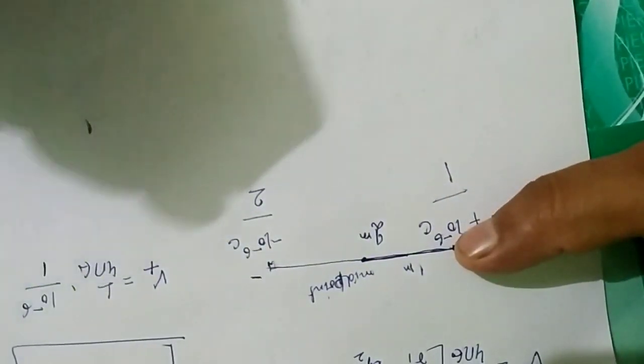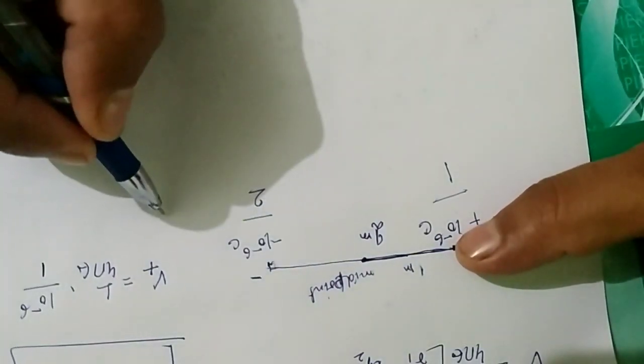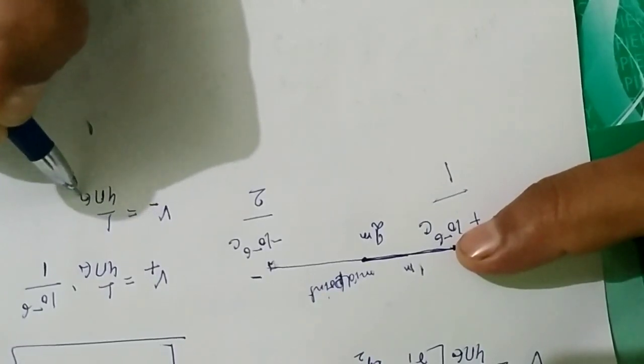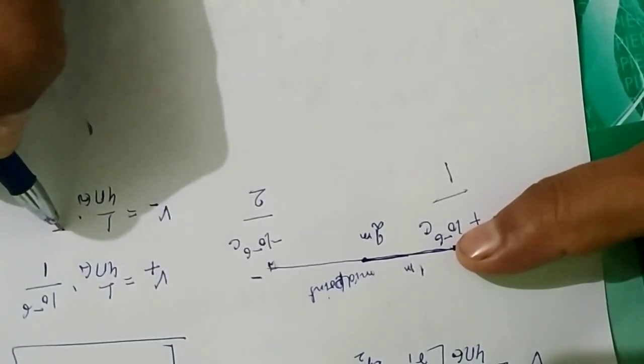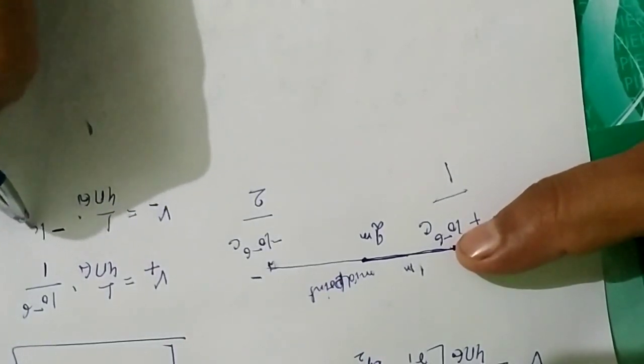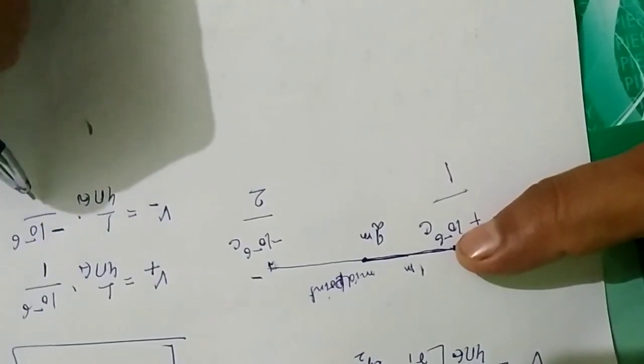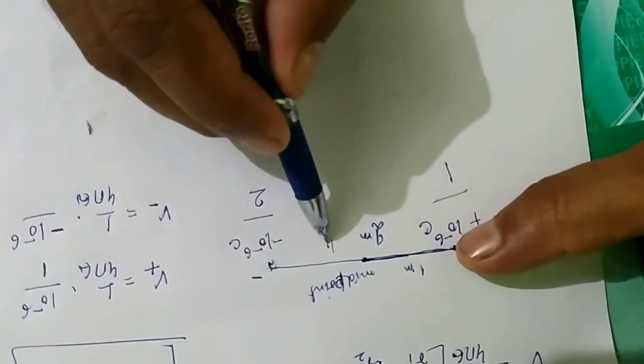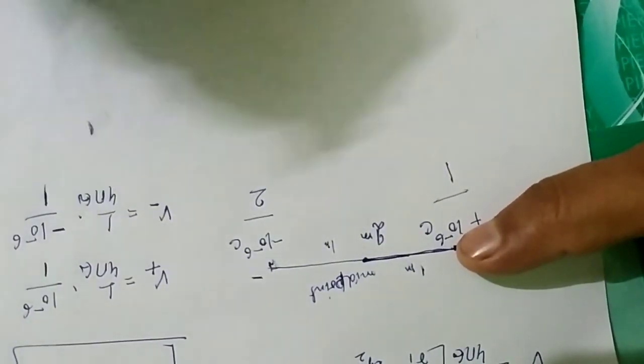Similarly, the electric potential due to the negative charge is 1 upon 4 pi epsilon naught, now with a negative sign, minus 10 raised to minus 6, divided by the distance of this charge from this point, again 1 meter.